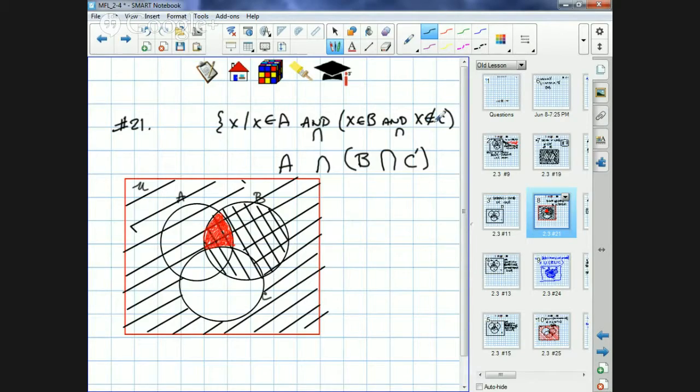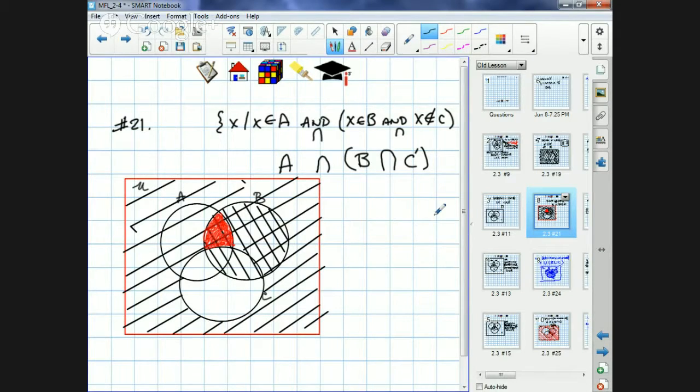X is not an element of C, so that's the official way of saying it's everything outside of C. It's not in it, so it's everything out of it. So anytime we see the line going through the element, it means it's a complement. Is that correct? Yes, that is really correct. I'll have to make a note of that.